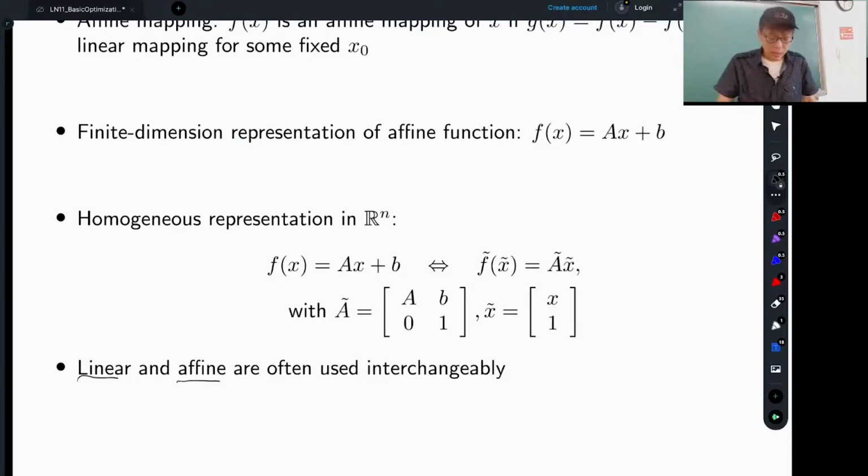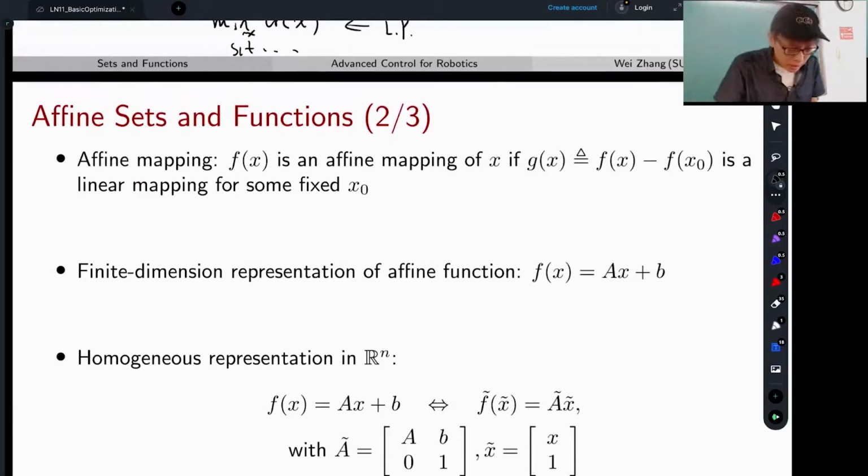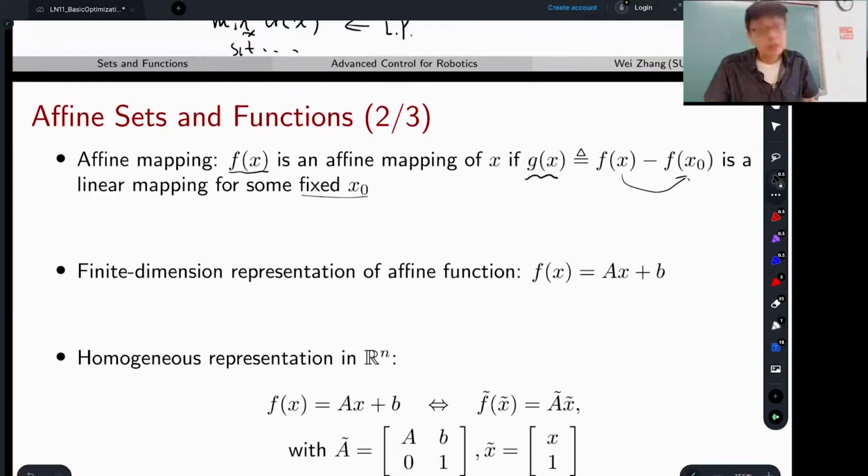I don't distinguish them that much, but more rigorously, a mapping f(x) is an affine mapping if g(x), which is defined as f(x) minus f(x0), is a linear mapping for some fixed x0. Okay, if you define g(x) as f(x) minus some kind of fixed reference point, and g(x) is linear, then f becomes an affine mapping.